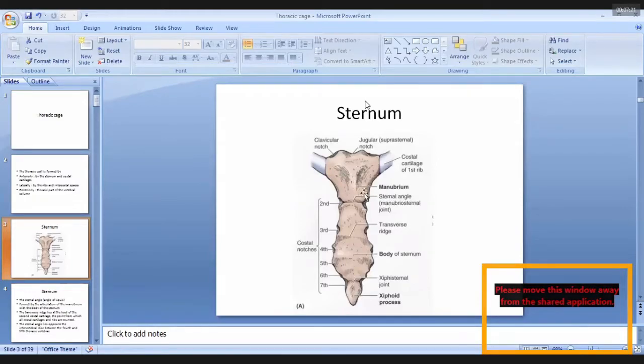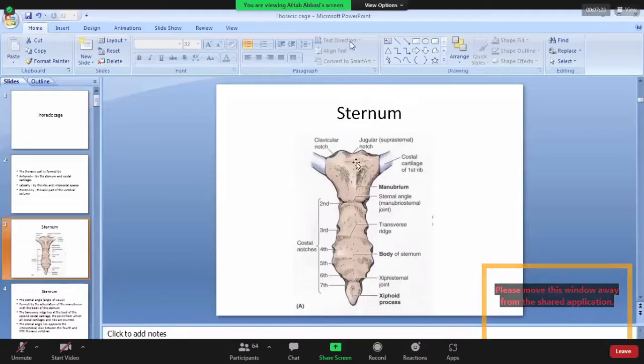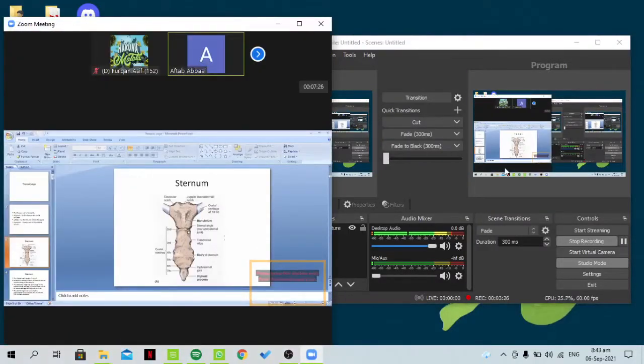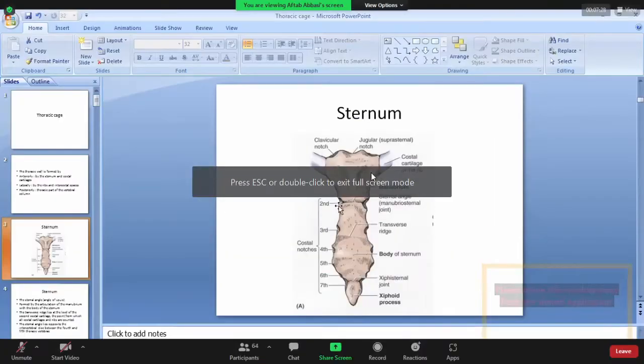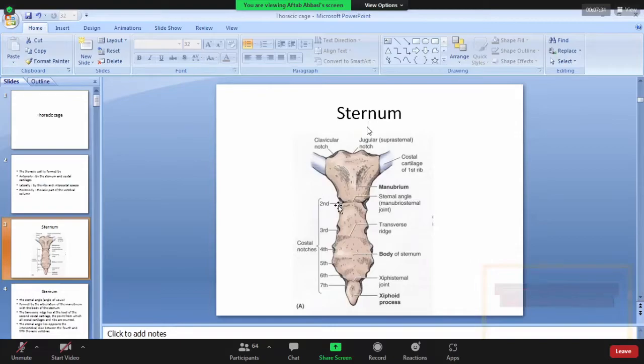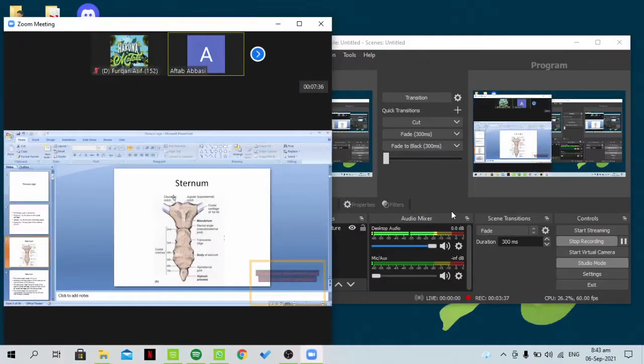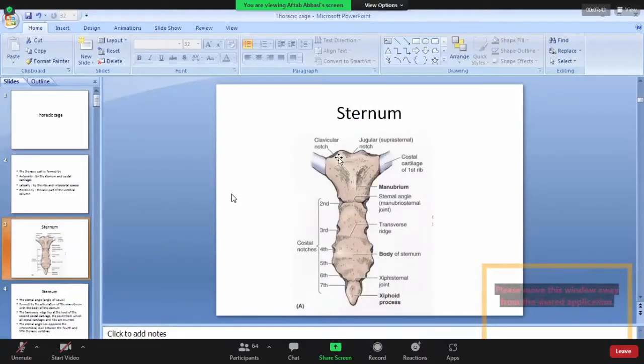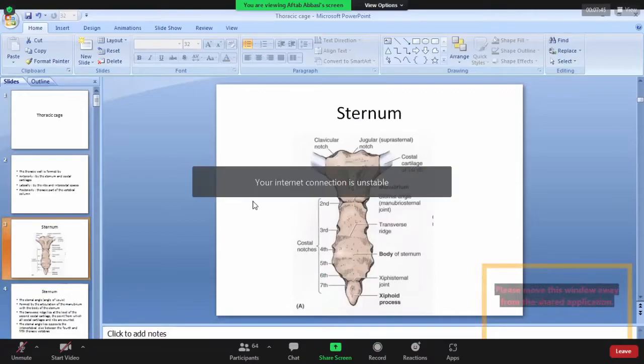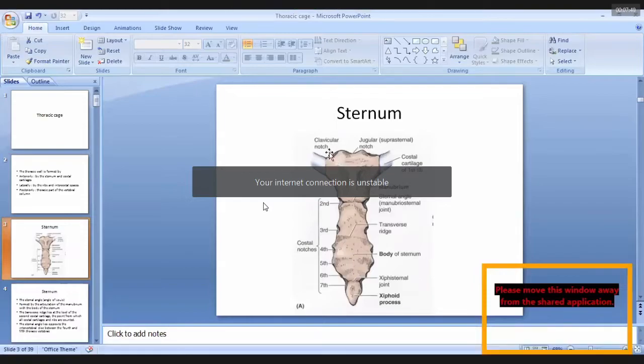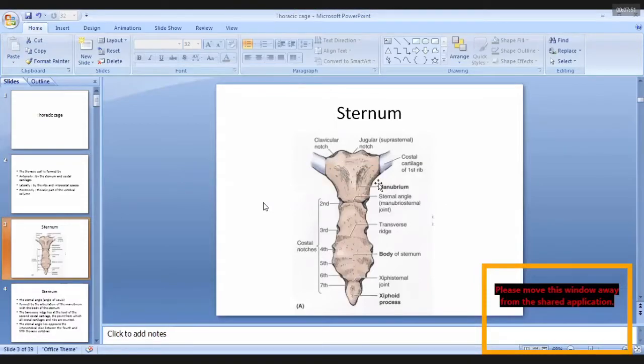So the first part, the manubrium of the sternum, articulates with the body of the sternum at a joint known as the manubriosternal joint. There are two other articulations. There is a clavicular notch for the articulation with the clavicle, forming the sternoclavicular joint.